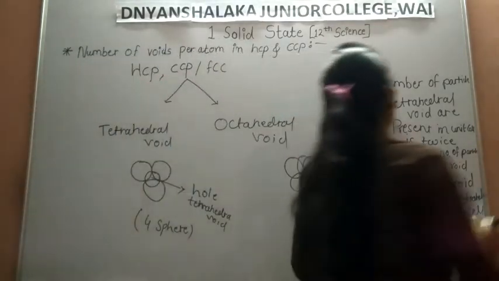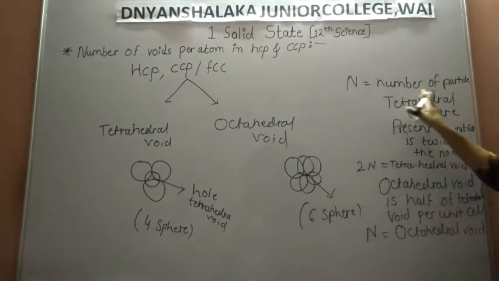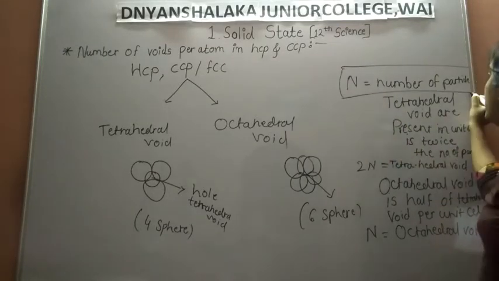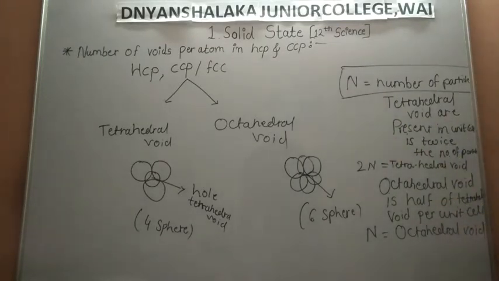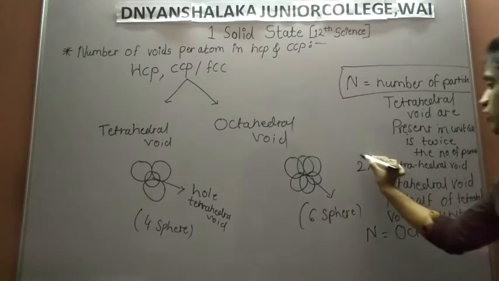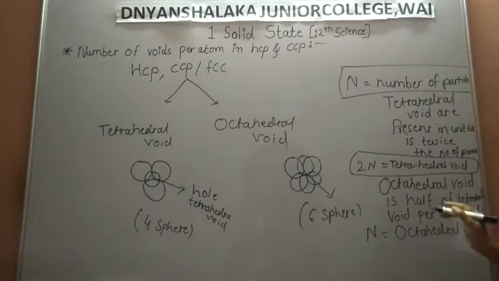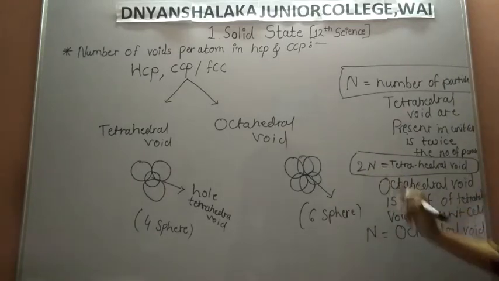The symbol N denotes the number of particles. Tetrahedral voids present per unit cell are twice the number of particles, which is equal to 2N.